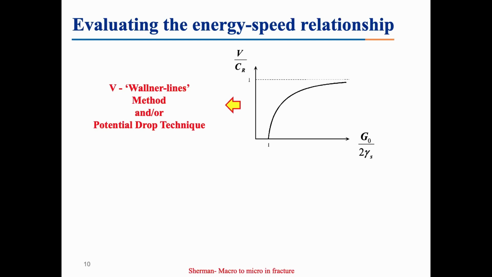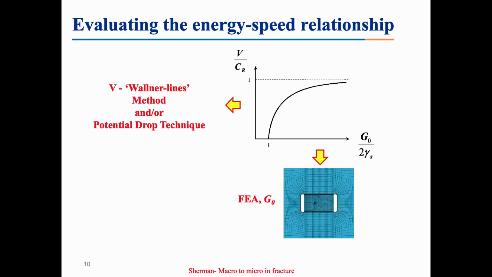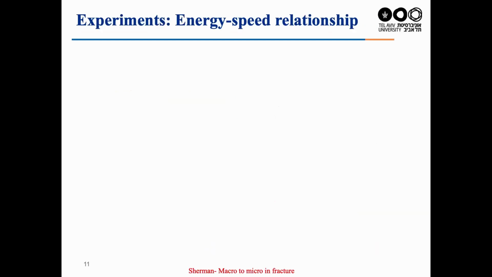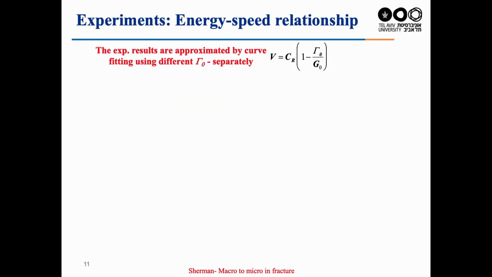G over 2 gamma surface is evaluated, G naught is evaluated by finite element analysis. So what we do, we actually evaluate V by using this information. We evaluate G naught, we know gamma naught, so we can evaluate V.